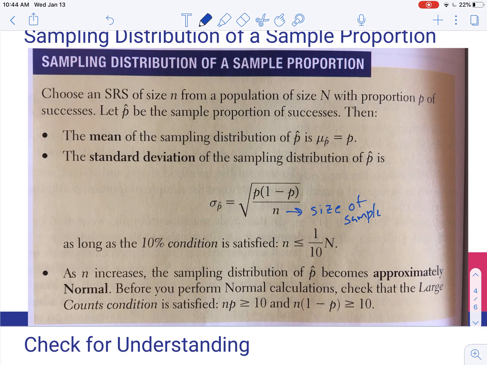So the standard deviation of a sampling distribution is going to be based on the square root of the proportion times 1 minus the proportion over the size of the sample. And this only works as long as we're at the 10% condition, and we have to make sure that we have approximately normal because we're meeting our large counts condition with that binomial distribution.